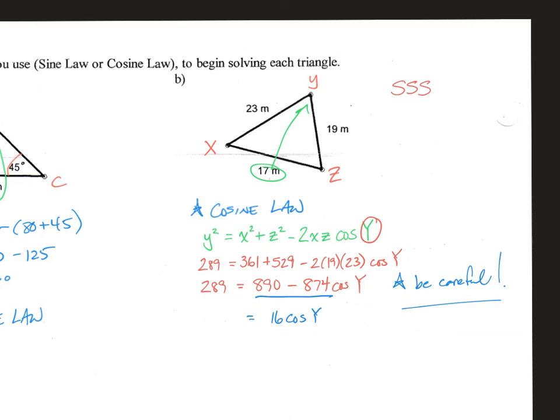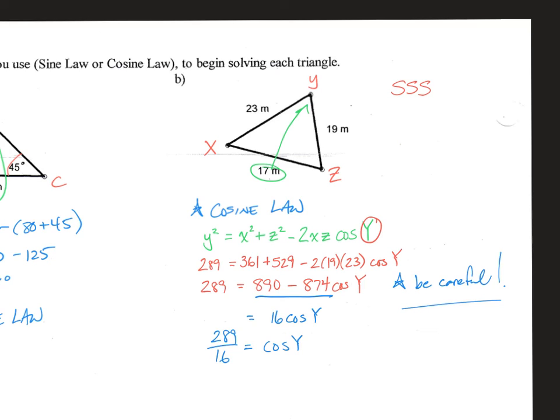And you will have then made a mistake that does not allow you to finish solving the problem. If there's any doubt on that, go ahead and take your next line and take 289 and divide it by 16, and then take the inverse to try to come up with what angle y is, and you're going to find you cannot solve for y.